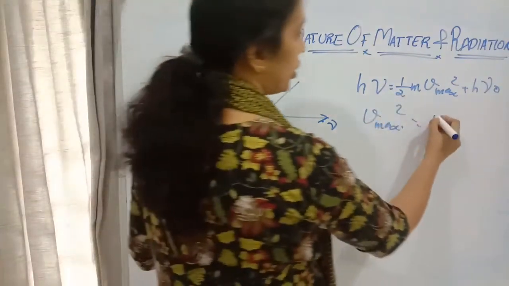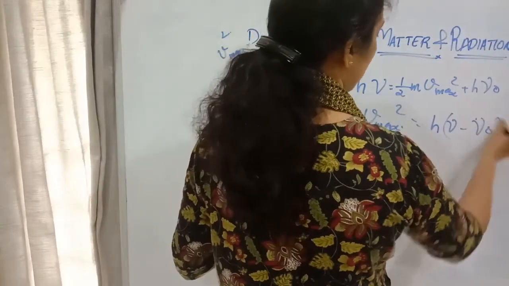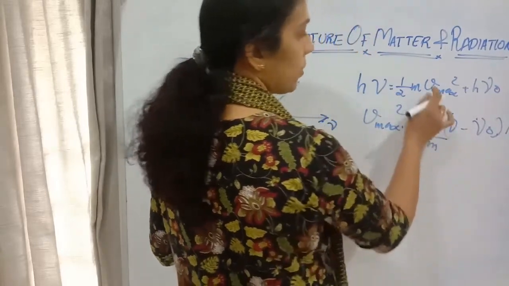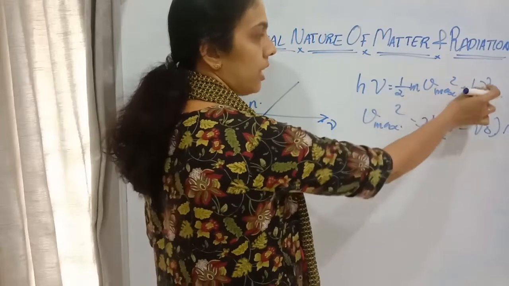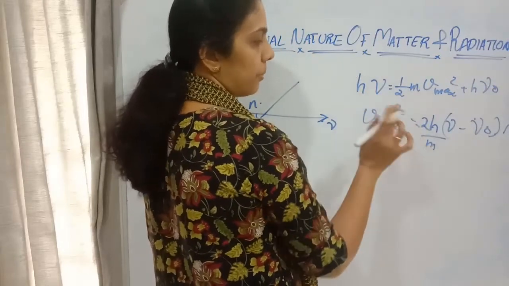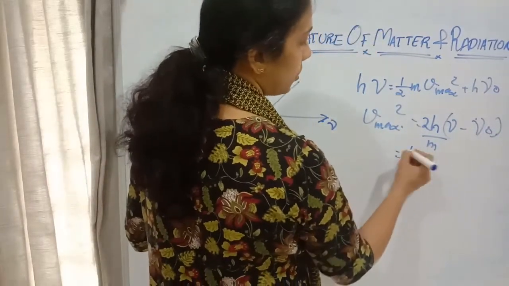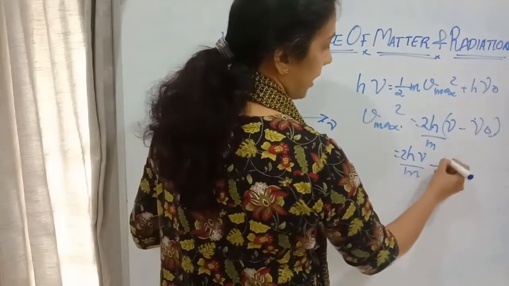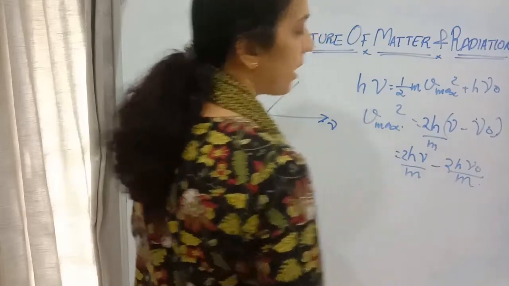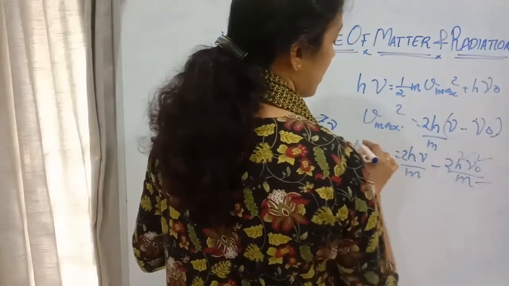Half m Vmax square equals h nu minus h nu 0, so Vmax square equals 2h nu by m minus 2h nu 0 by m. Here h is constant, nu 0 is constant, m is constant. So this is the equation.